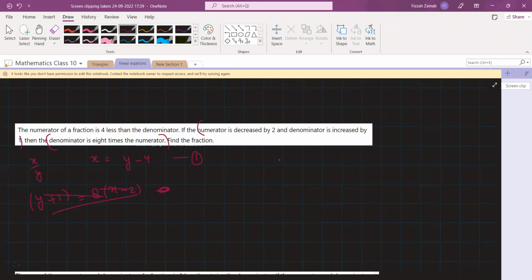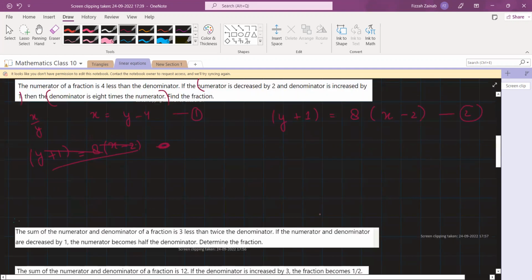So now this increased denominator is 8 times this reduced numerator. This is according to the question. Now you can just simplify. Okay, Hamna, now please try the next.